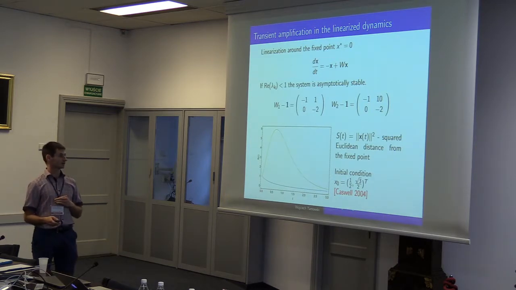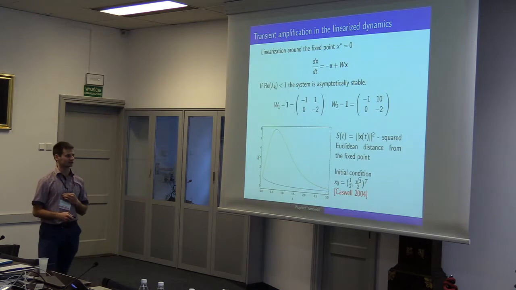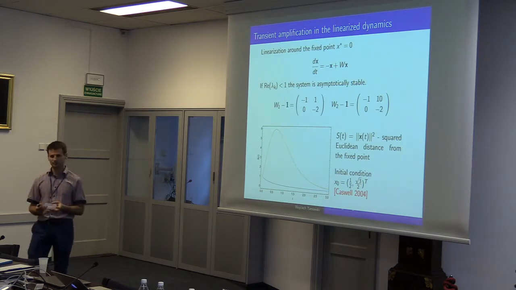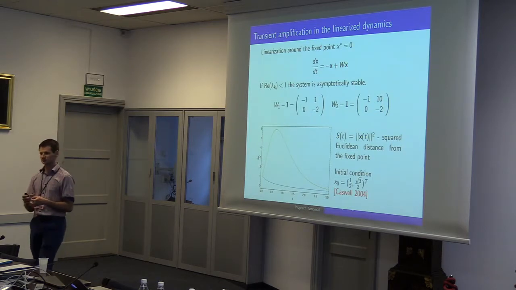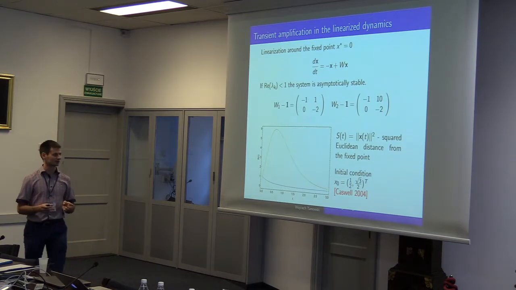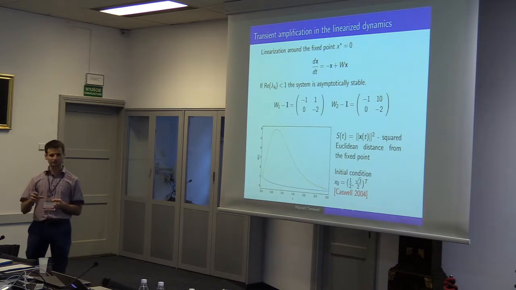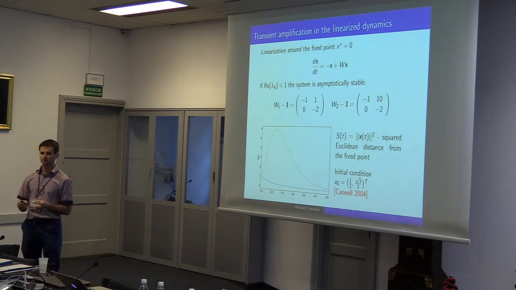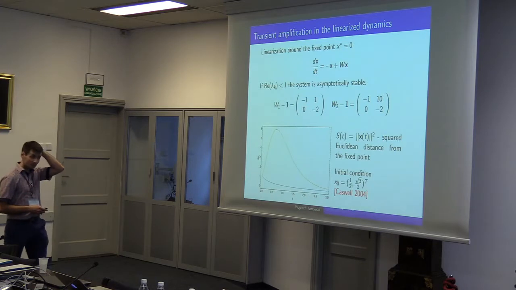It may happen that at the beginning of the dynamics, the squared norm of the solution, which is also the squared Euclidean distance from the fixed point, can increase even though the system is stable. This is quite a peculiar behavior.